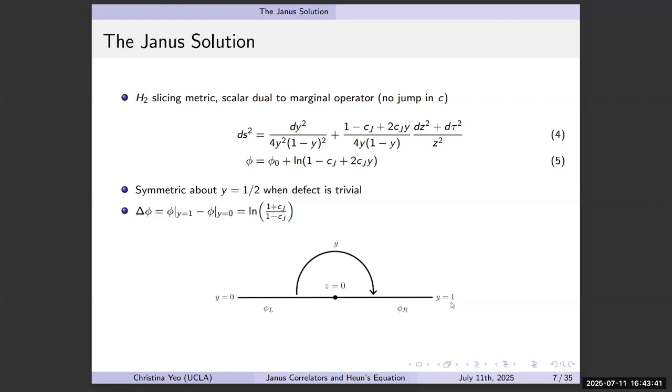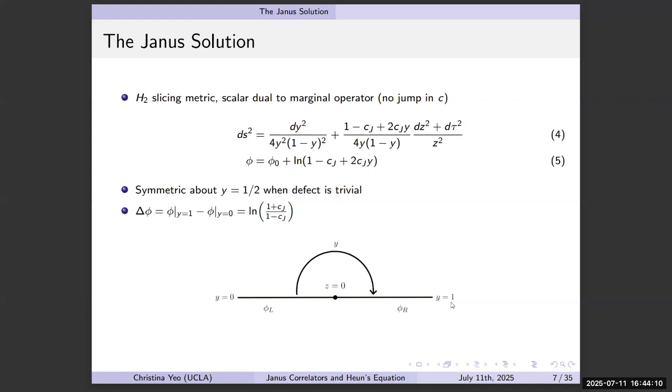Is the y direction a torus or an interval? It's an interval from 0 to 1. Any other questions? So maybe by some simple coordinate redefinition, can you put that metric for CJ equal to 0 easily into the usual AdS metric? It should be, yes.